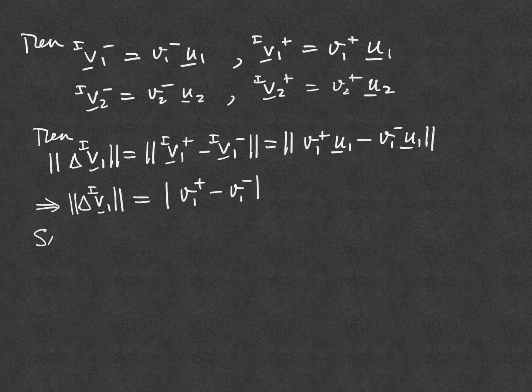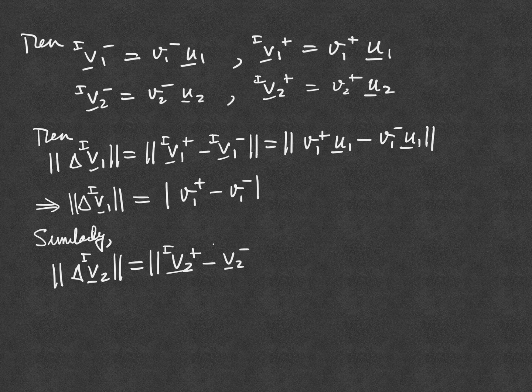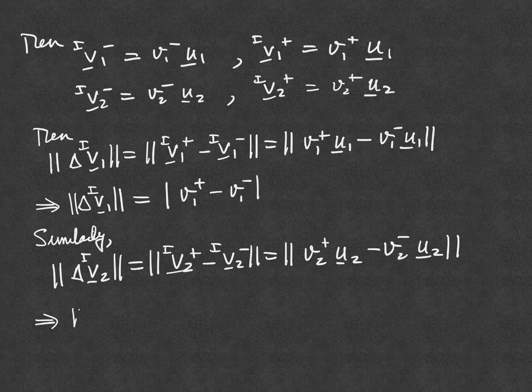And similarly, the magnitude of delta v2 I is equal to the magnitude of v2 plus I minus v2 minus I, which is equal to the magnitude of v2 plus times u2 minus v2 minus times u2, which implies that the magnitude of delta v2 I is equal to the absolute value of v2 plus minus v2 minus.